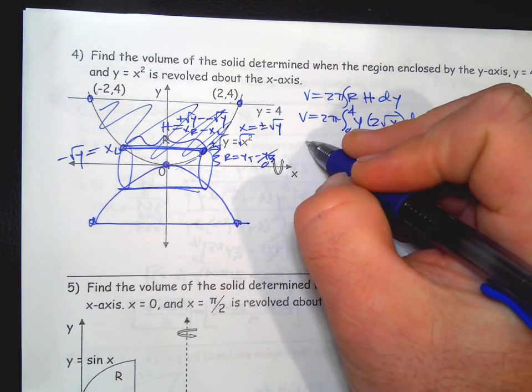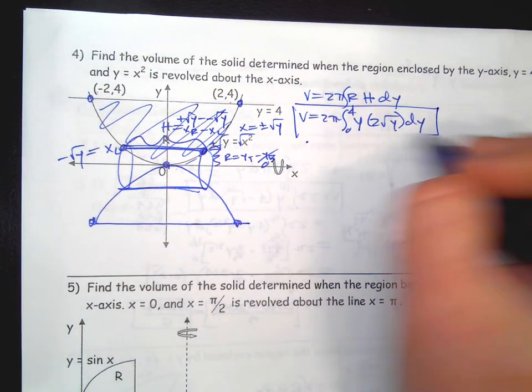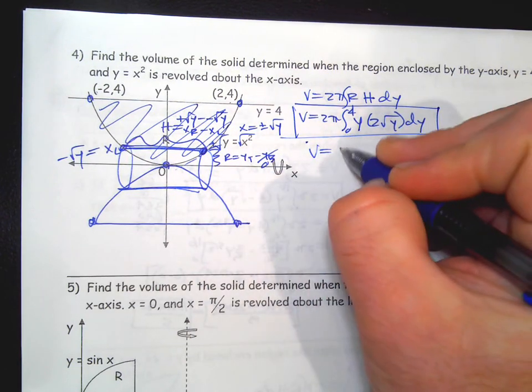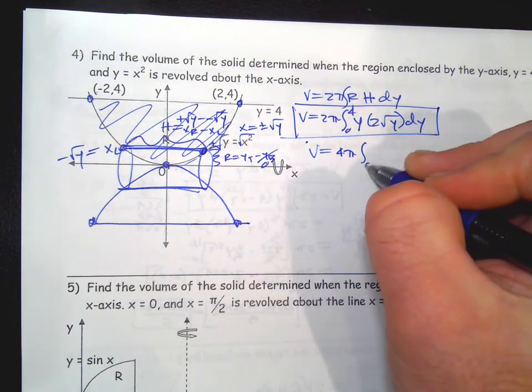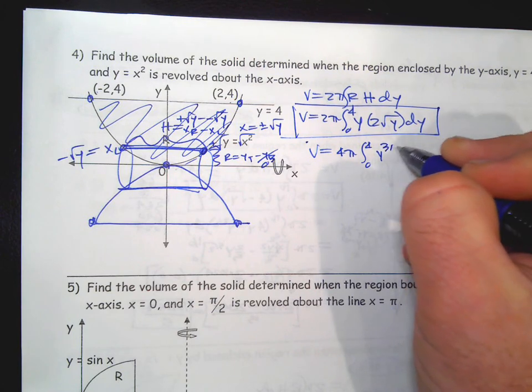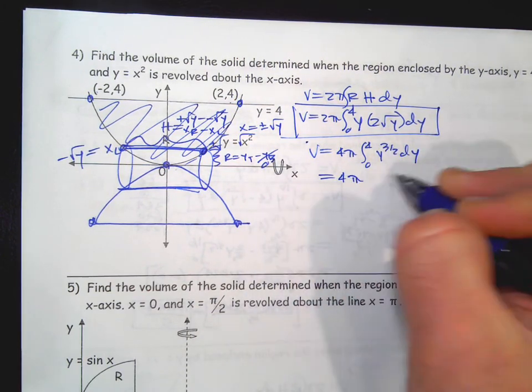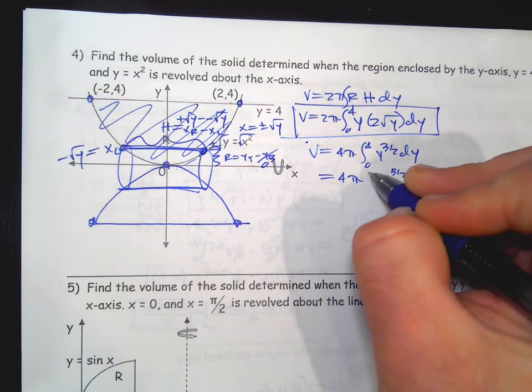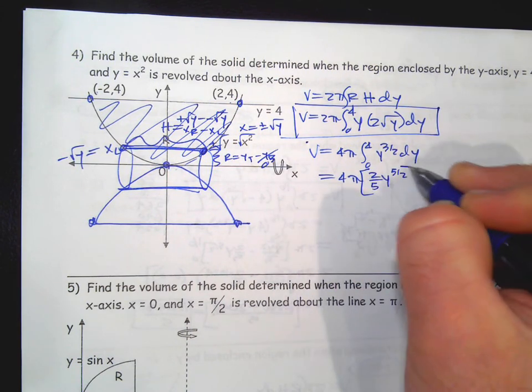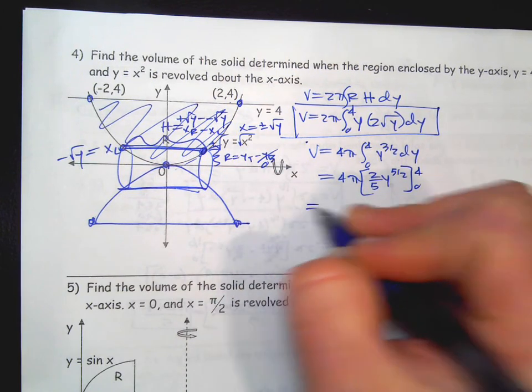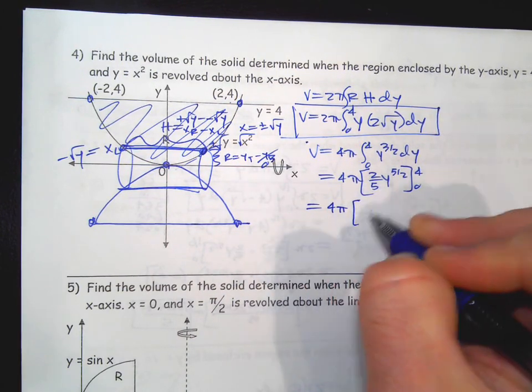So that's our setup. To do it by hand, I'll probably bring the 4 out, change this to y to the 3 halves. 4y, antiderivative is going to be 5 halves divided by the new exponent. 0 to 4, 4 pi, 2 fifths.